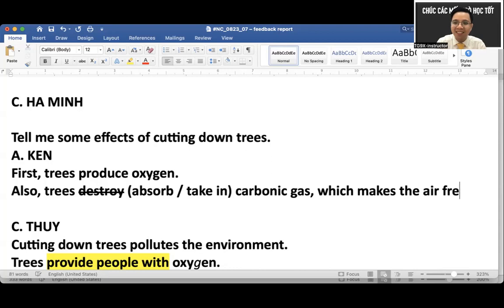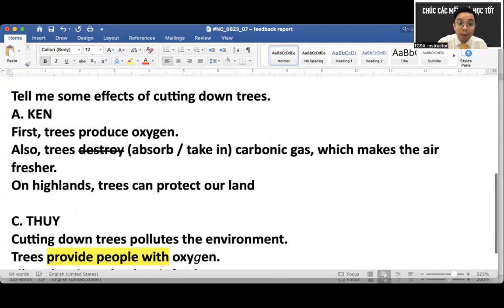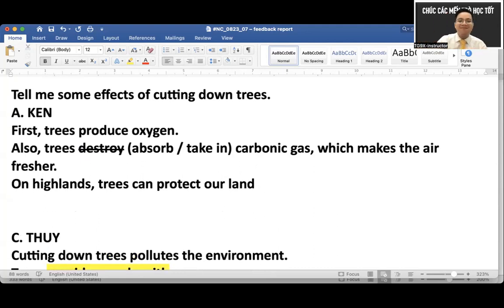And especially on the highlands, the trees can protect our land. How? I don't know how to say, the water runs from the high land down. You are talking about floods. Yes, flood.